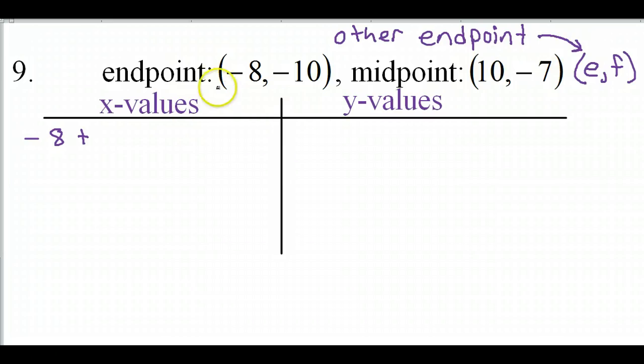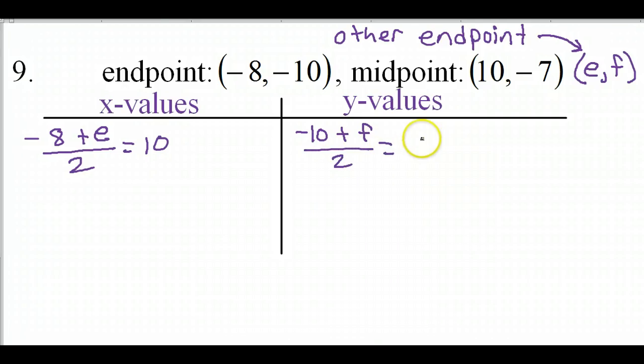So, the average, -8 plus e divided by 2 should equal 10. Y values: -10 plus f divided by 2 should equal -7. The average of the y values should equal the y value of the midpoint.